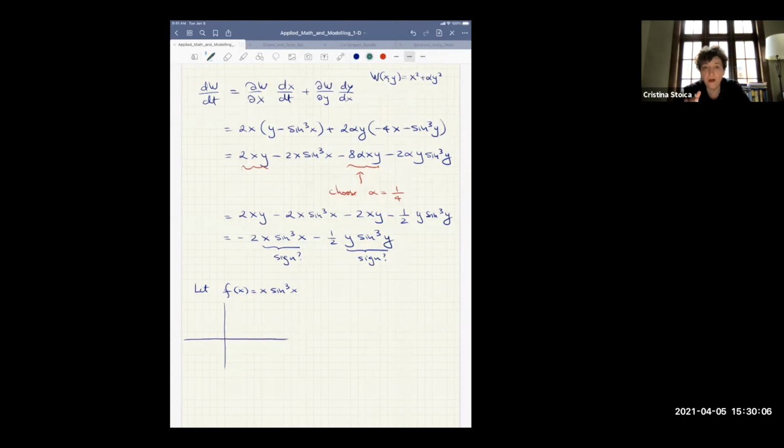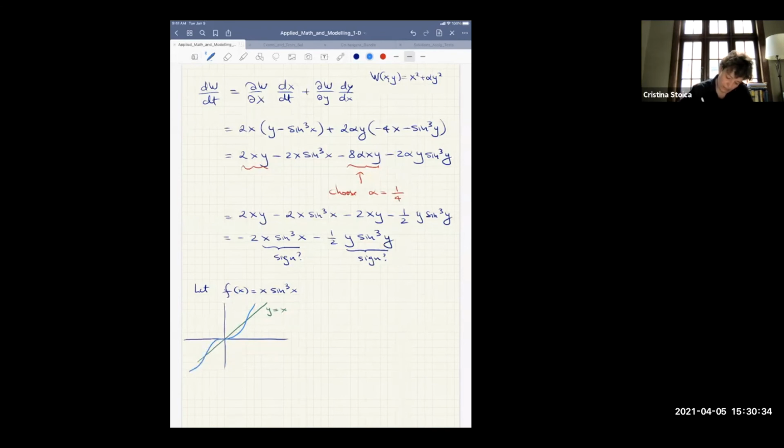We don't have to go far from 0, right? Everything has to be in a neighborhood of 0. So this is actually the function y equals x. And then I'm going to draw with something else, sine of x, right? So sine goes from 0 to something like that, right? Okay. And then it turns around.